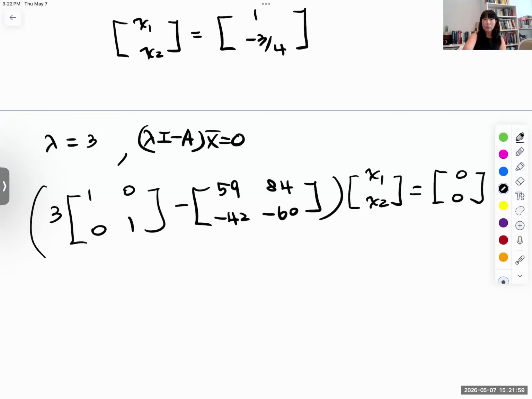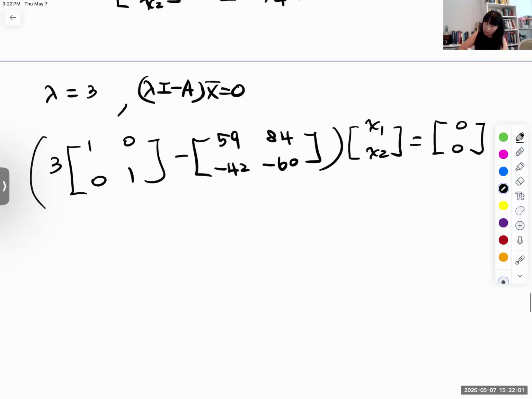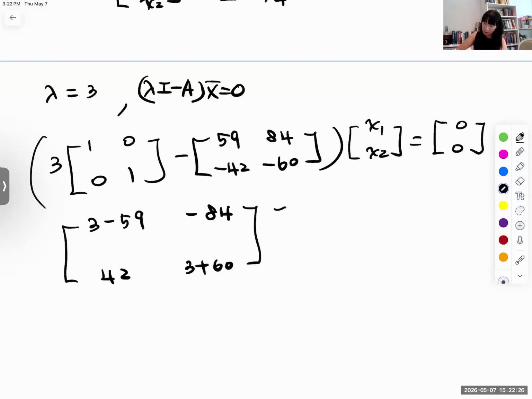Yeah. All right. So maybe we can do 3 minus 59 and positive 42, and negative 84. 1 plus 60. No, 3. Yeah, 3. And x sub 1, x sub 2 equal to 0, 0.